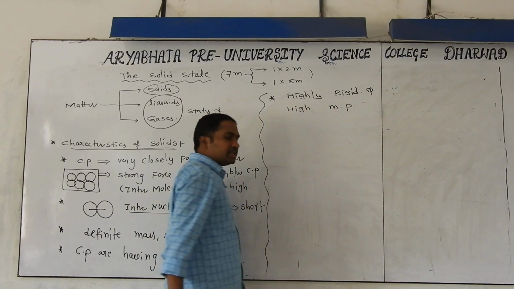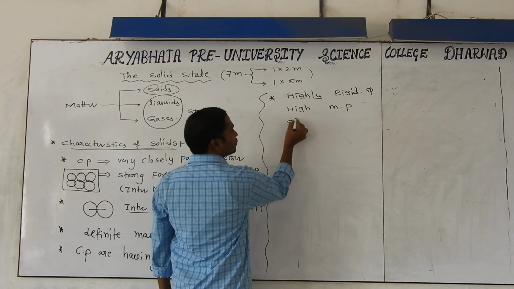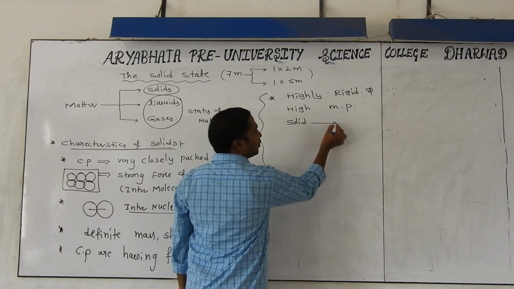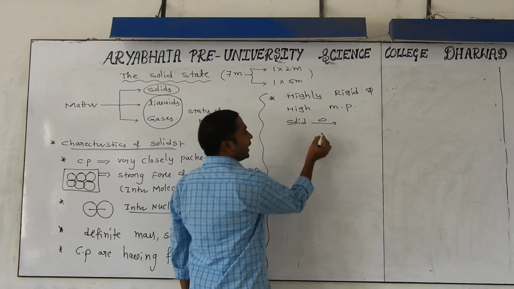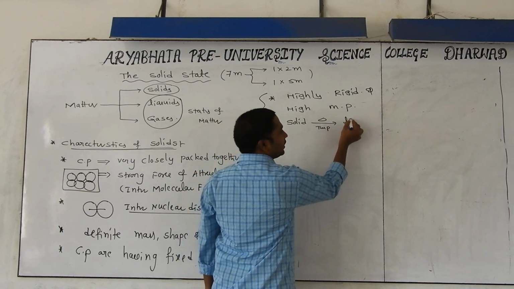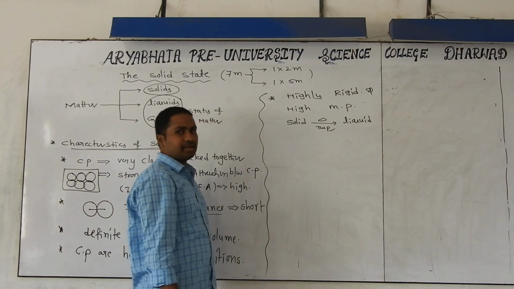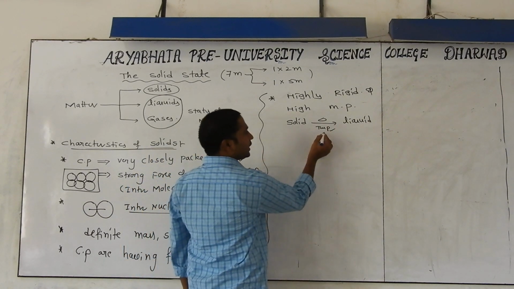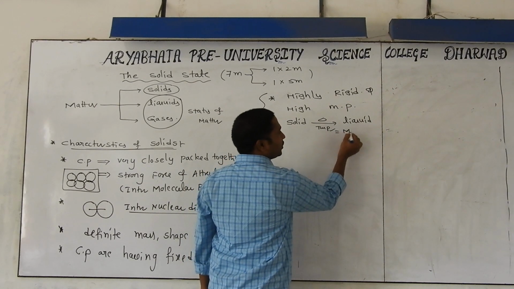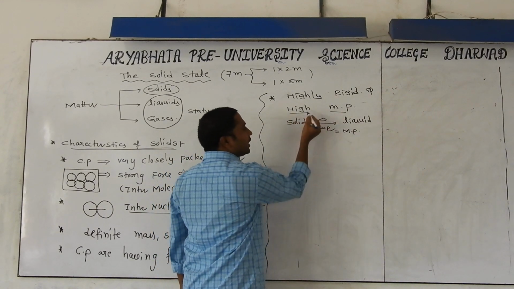Due to high rigidity, they also have a high melting point. First of all, what is the meaning of melting point? If you take any solid and keep heating it, at a particular temperature it converts into liquid. That temperature is called its melting point. Why is the melting point of solids high?